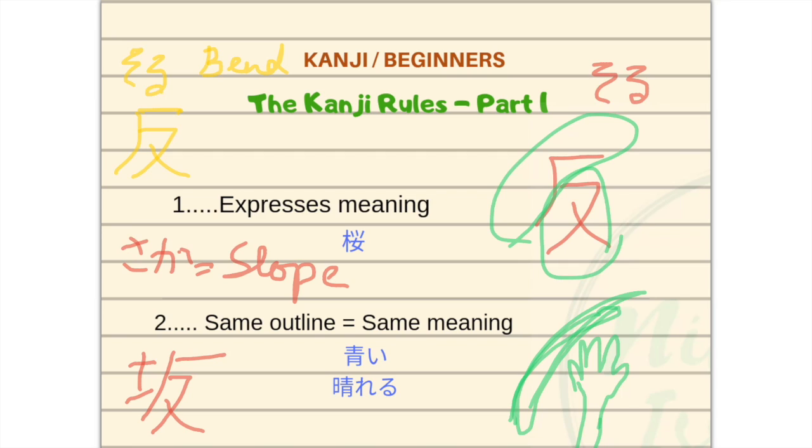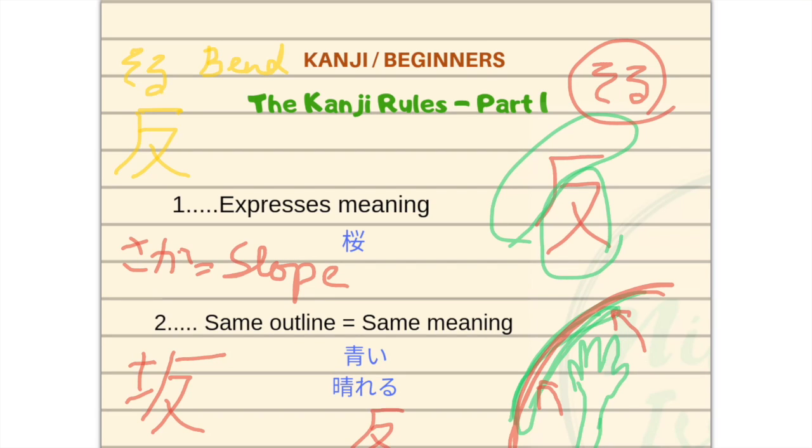So when you push your hand towards this, let's say it's made of rubber, so it will get bent, right? It will be bent, which means soro or to be bent. So this is how you can remember the kanji soro.